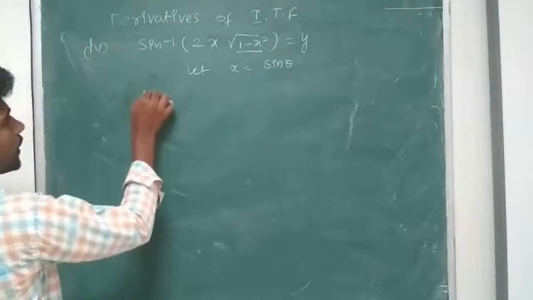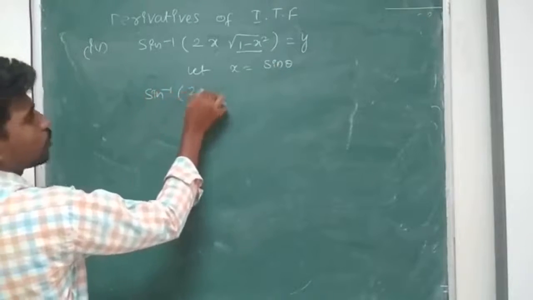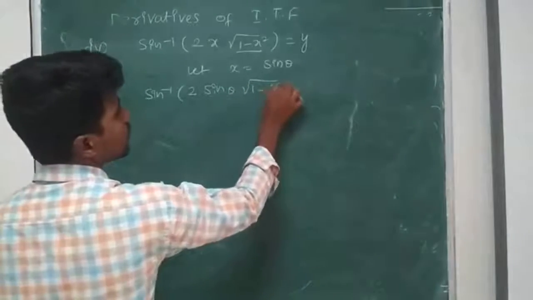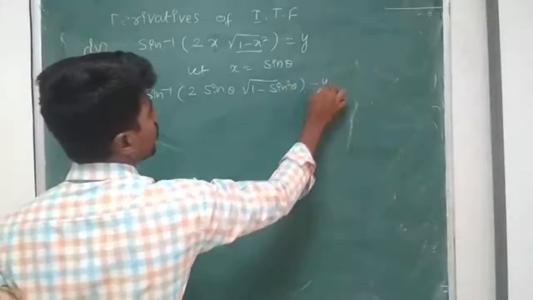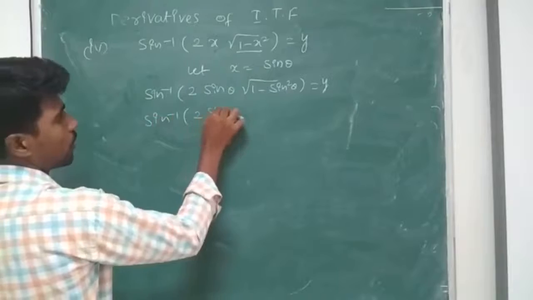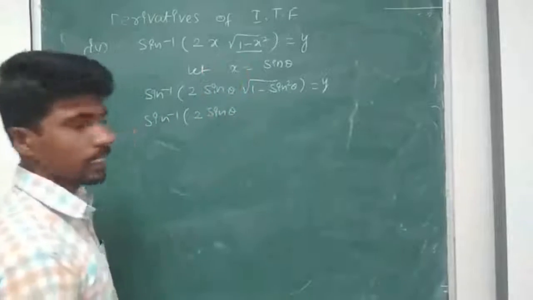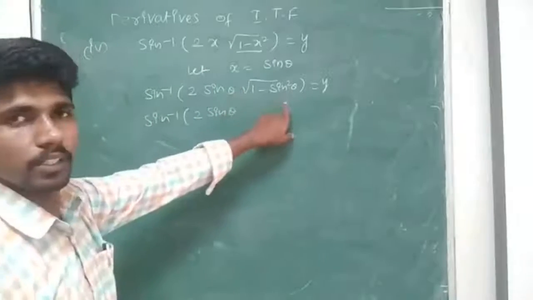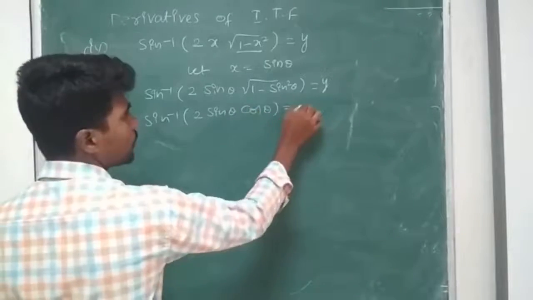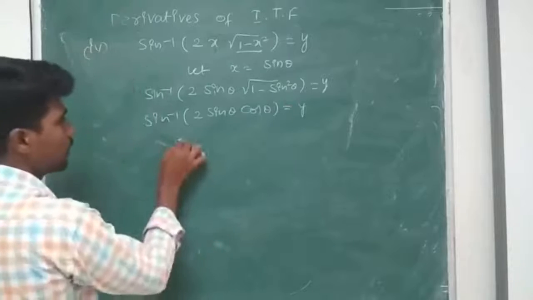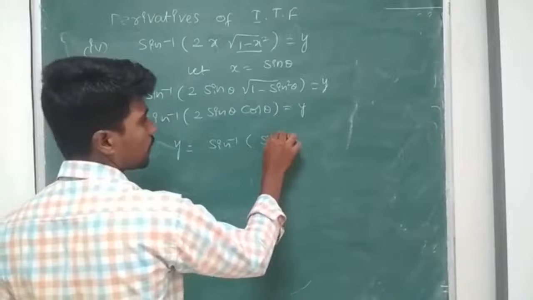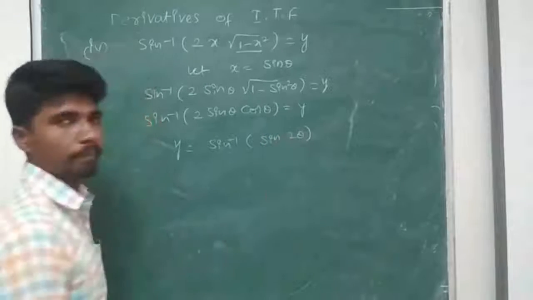If I substitute sin theta, we get y equal to sin inverse of 2 into sin theta and root of 1 minus sin square theta, which is cos theta. So y is equal to sin inverse of 2 sin theta cos theta, which is sin of 2 theta.